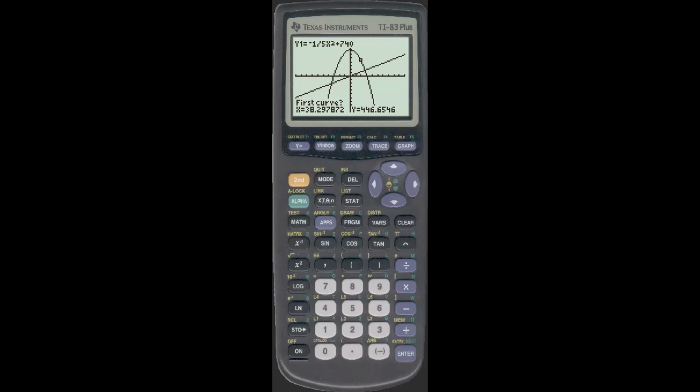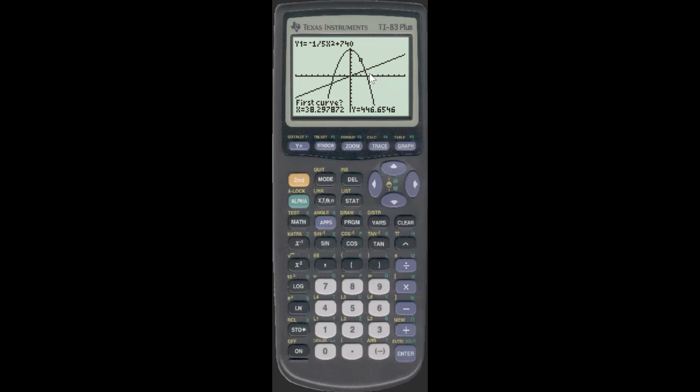It's not 740. Are you following the steps I'm asking you to do, which is hit second calc, intersect, hit enter on first curve, enter on second curve, and so on? Yeah. Okay, well then we'll give you the right result.